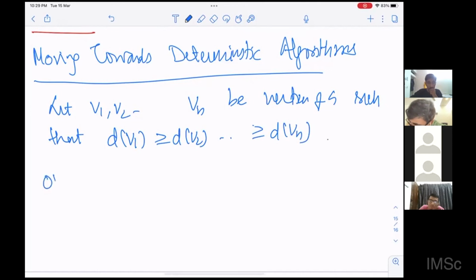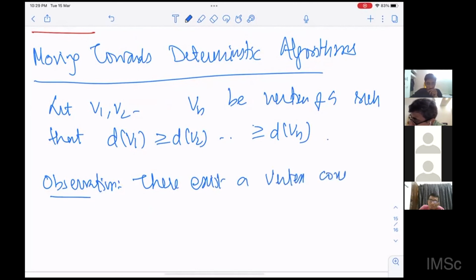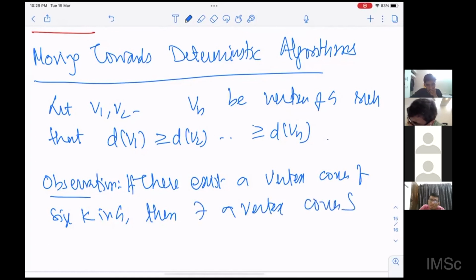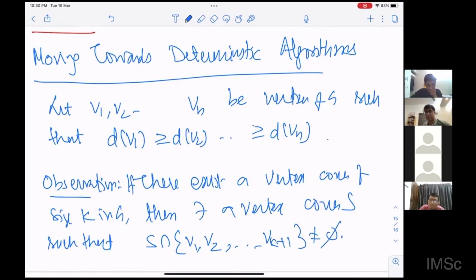Then the observation I wrote last time: if there exists a vertex cover of size k in G, then there exists a vertex cover S such that S intersection {v1, v2, dot dot dot, v_{k+1}} is not empty. Right? This is what we said.